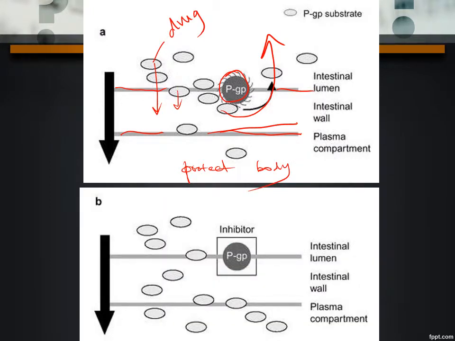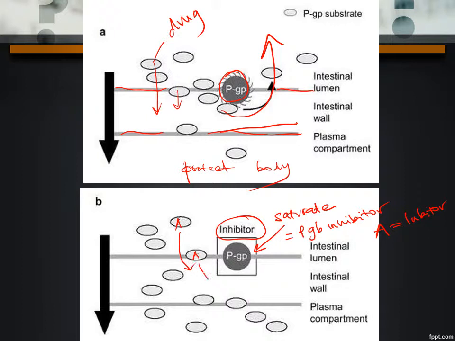So when you have a drug that can inhibit or saturate the PGP, it is called a PGP inhibitor. For example, drug A is the inhibitor going in, and it is a substrate for PGP and will sit on the PGP.